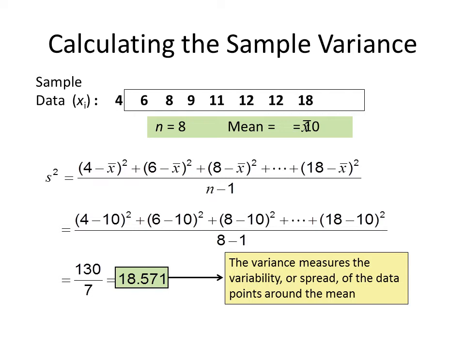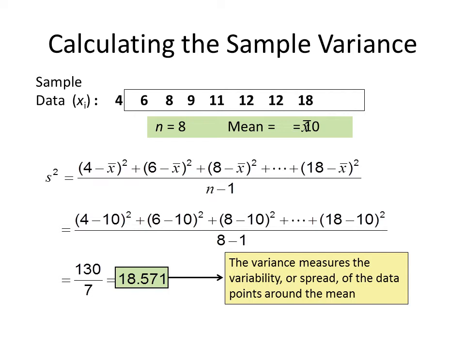So basically you take each value and subtract it from the mean of the data. We have data here that goes from 4 through 18. There are a total of 8 observations. If you add them all together and divide by 8, you get a mean of 10. Now you take each value, subtract it from the mean, and square each value.